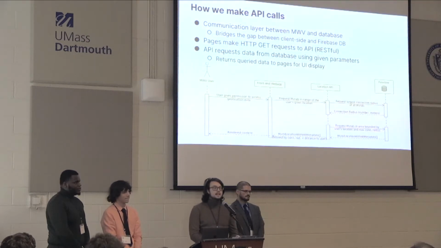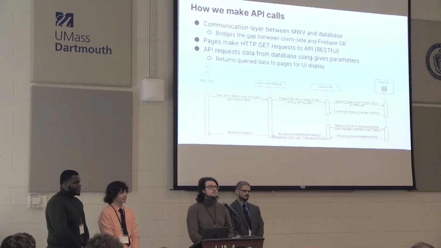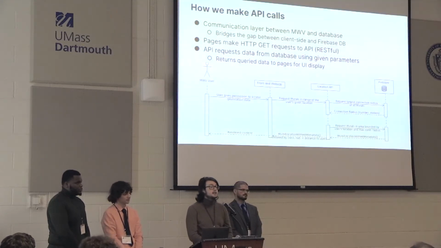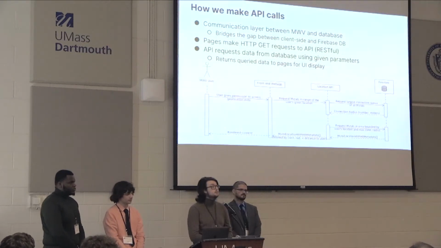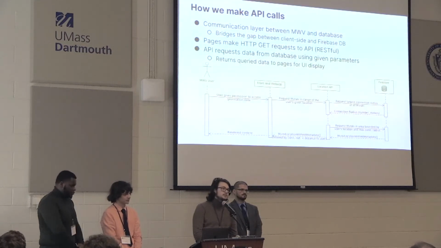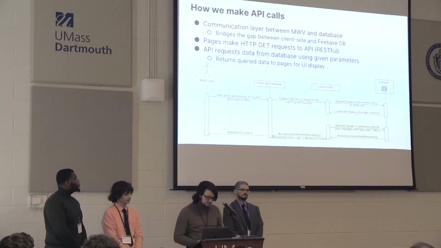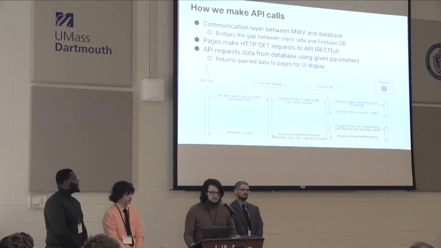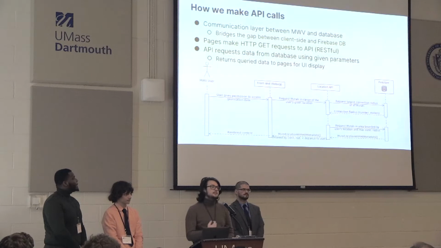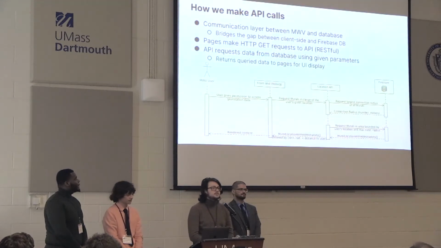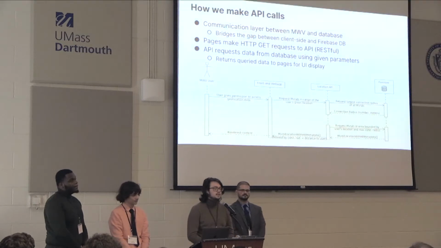And the backend will do its best to convert as much data as it can from the database into the format that the front end needs, so that the front end can focus solely on displaying the content, which is already a hard enough task as it is. We don't want to have the formatting data and all that. The secure layer, as I mentioned, keeps our database separate from the front end as well, so we don't need to worry about users manipulating any of the data in ways that we don't expect.